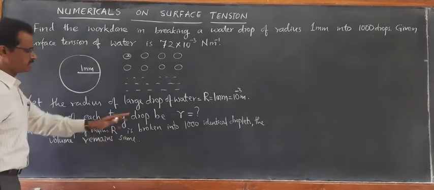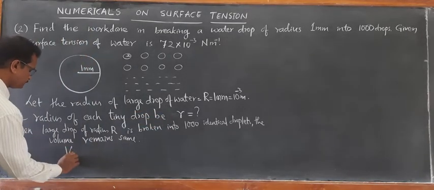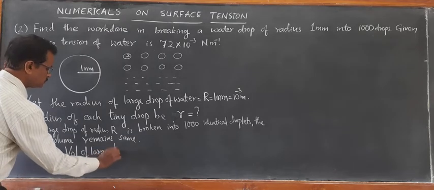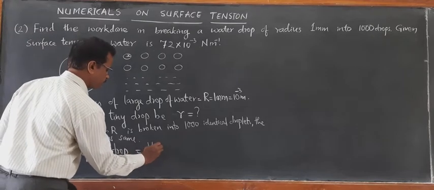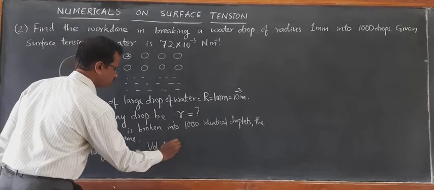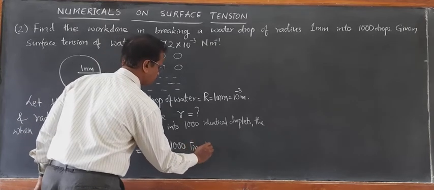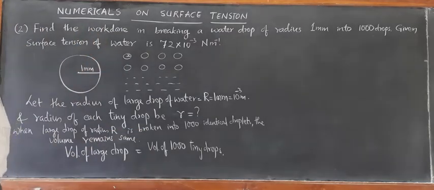So using this condition I can calculate the value of r. The volume of the large drop is equal to the volume of 1000 tiny drops. This you should remember. Now I can calculate.